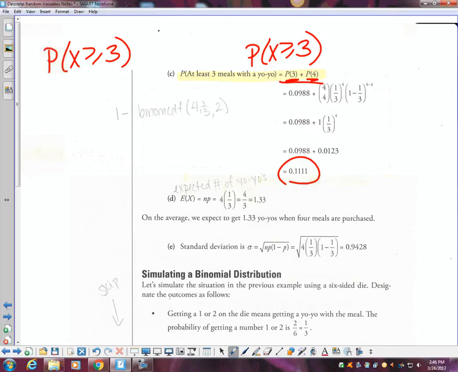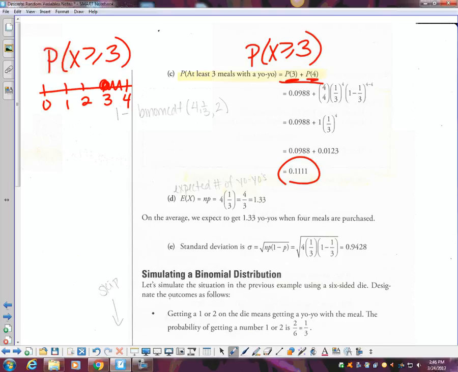So I'm going to do the not of this. 0, 1, 2. Okay, so this is what I want. So that is 1 minus this, this, and this. So the probability that X is less than or equal to 2.